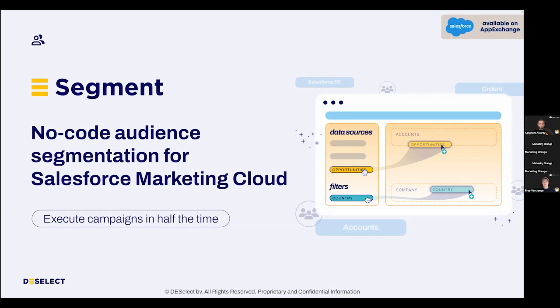And it cuts in half the time required to segment and build your campaign audience. So, we offer reduction in time, being able to work more efficiently, as well as better results because you'll be able to personalize your marketing activity much more.